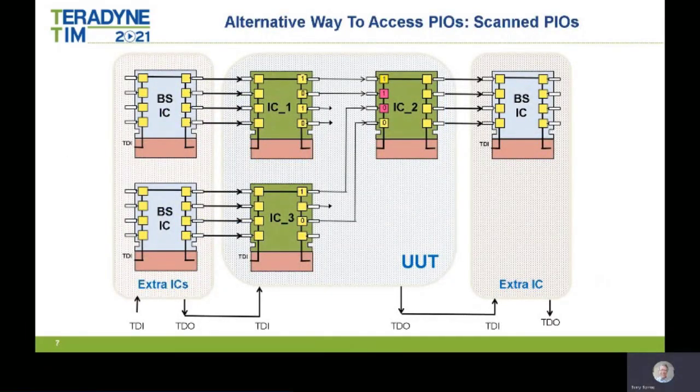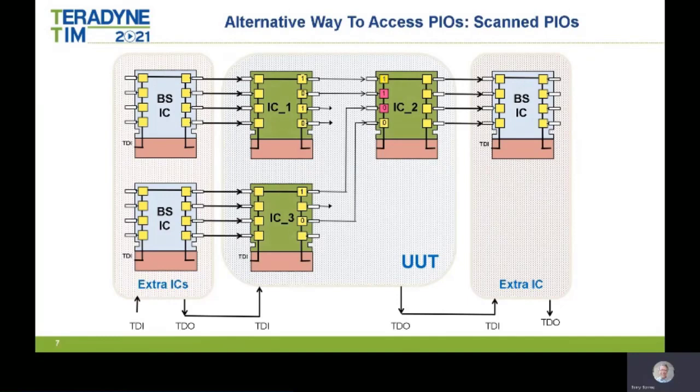You can see here that we've placed external boundary scan ICs around the UUT to connect to its edge signals. We call these connections scanned PIOs. The test generation software can make use of them by conceptually treating them as if they were part of the UUT.